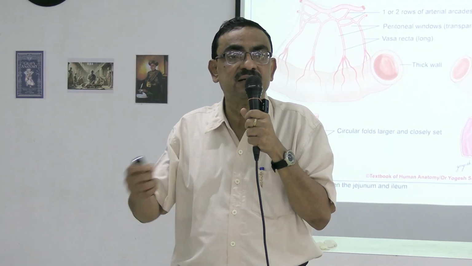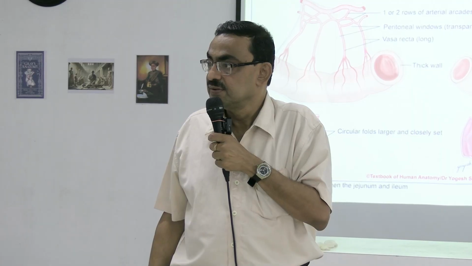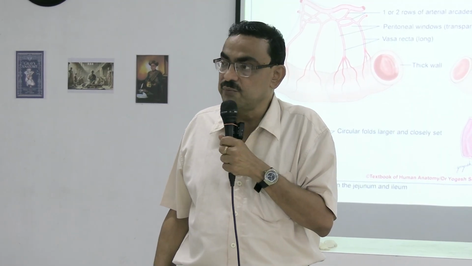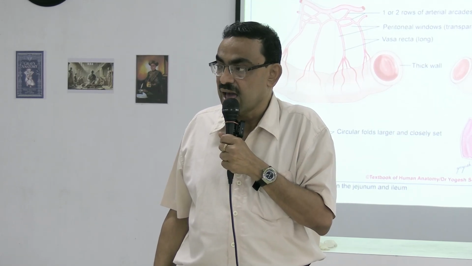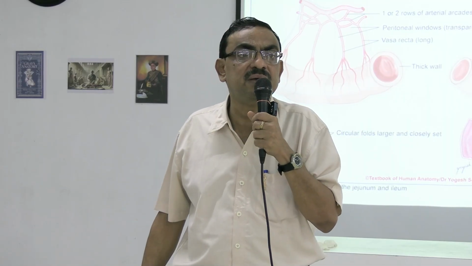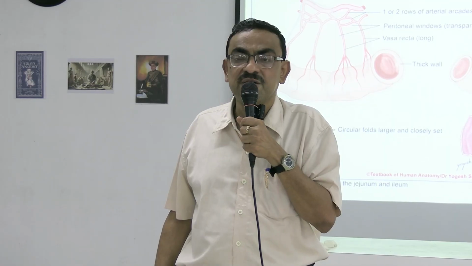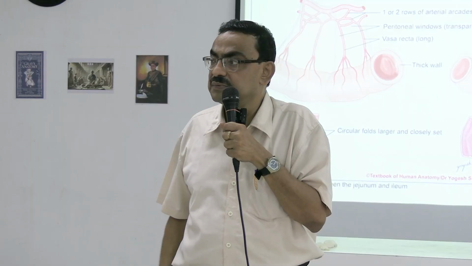So what is the function of the small intestine? It helps in digestion. Here we will find digestion, absorption and secretion. In the terminal part of the ileum, we can find almost all the nutrients are being absorbed.